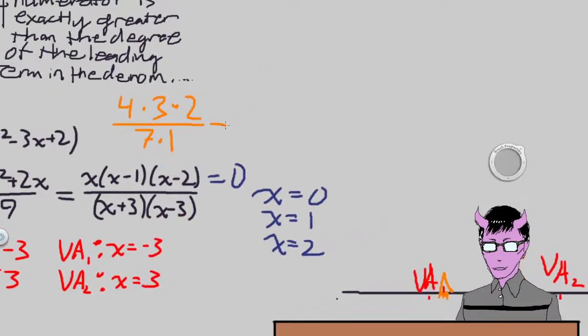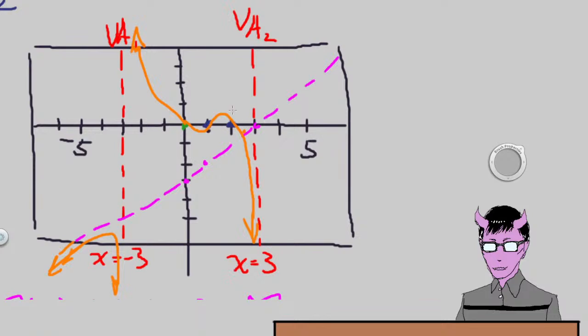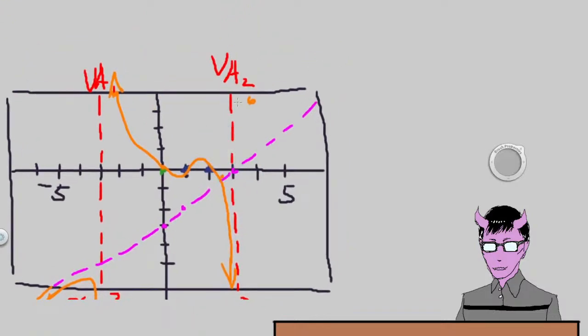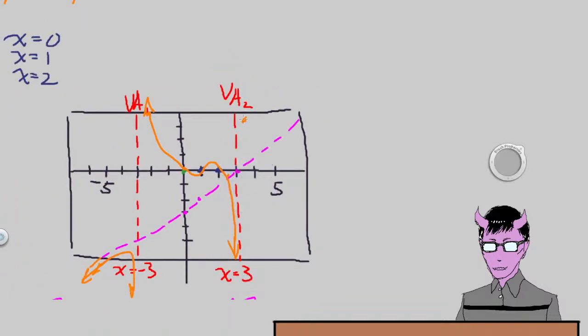Perfect. So we're going to get 24 over 7, which is above 3. So it's 3 and 3/7, close to 3.5. So here-ish. As predicted, it ends up right here. So we're probably doing something like this.